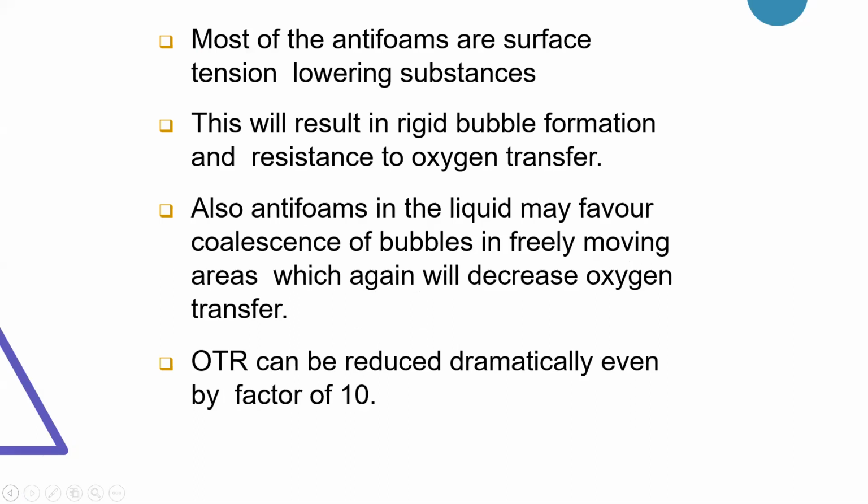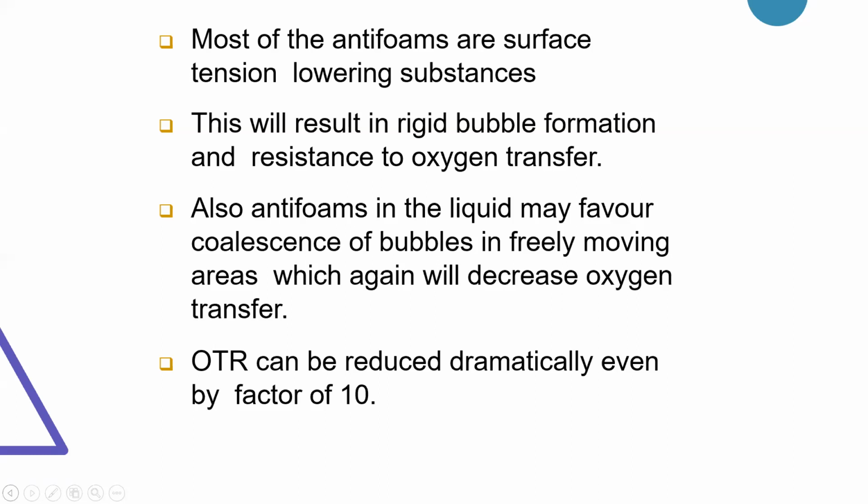But there are also some negative effects. If you use a high concentration of anti-foaming agents, it will cause coalescence of the smaller bubbles into bigger bubbles. And if my smaller bubbles coalesce into bigger bubbles, what will happen? I told you in the initial slides that bigger bubbles have low surface area, so oxygen will not be transferred in optimum amount.